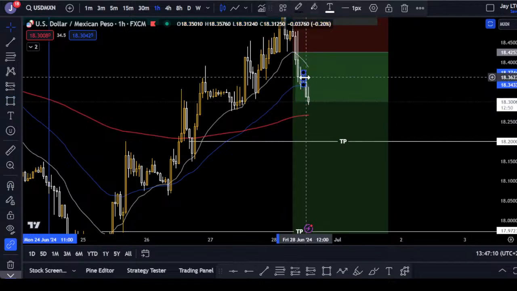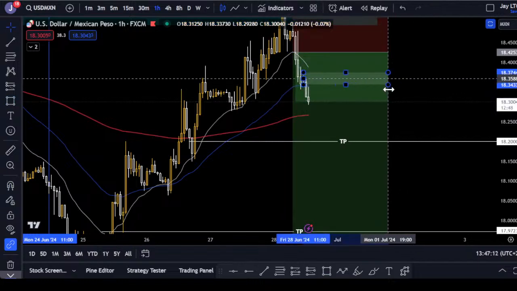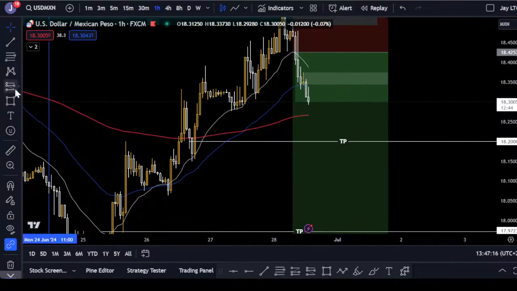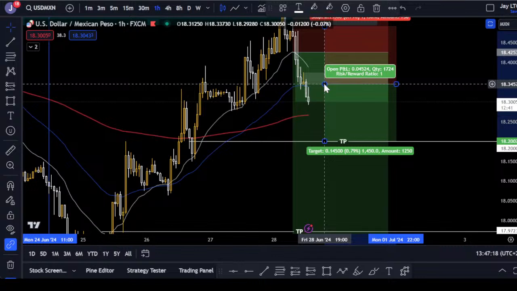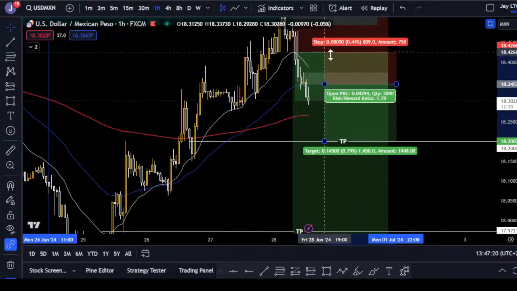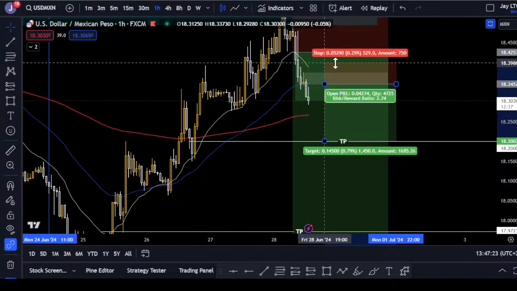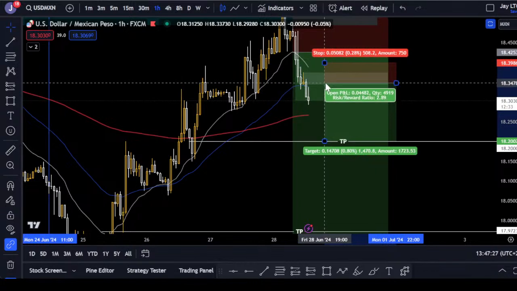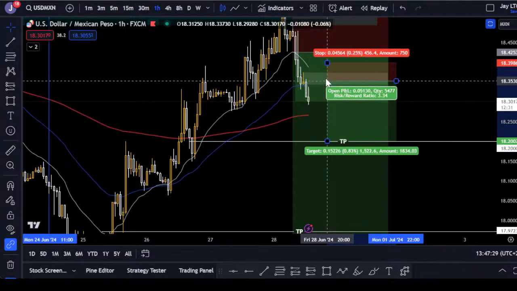That pullback should come somewhere in this vicinity, so at around 18.34. I'm going to mark it out, boom, and that should be it. Preferably you want to take it as high up as possible inside this order block. This is your entry zone.